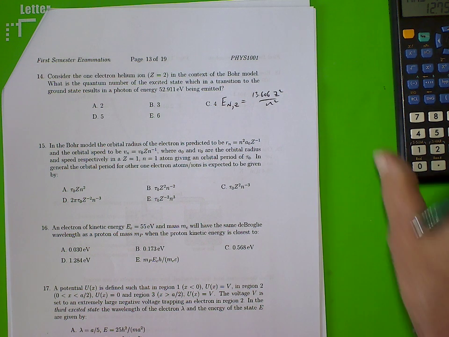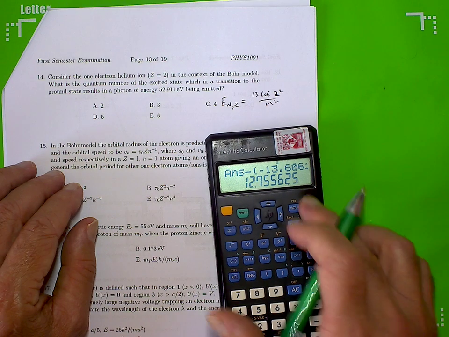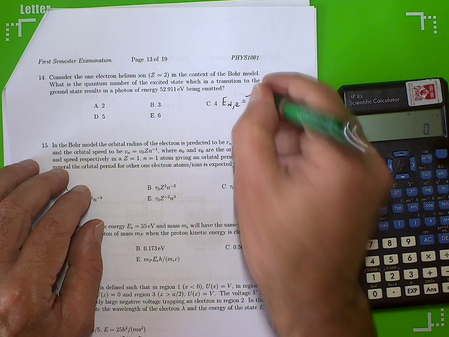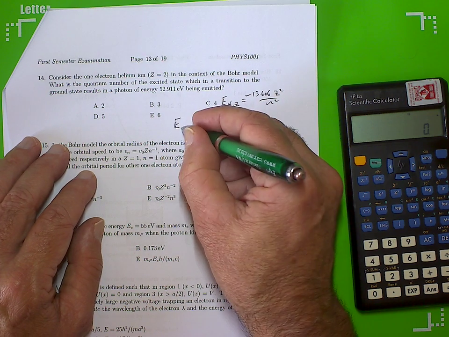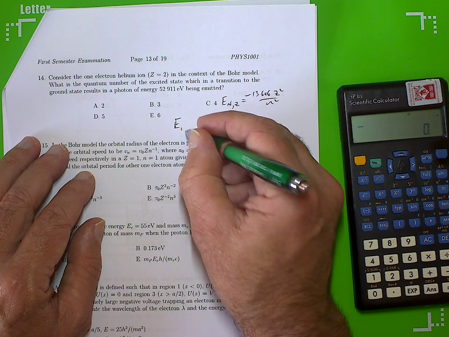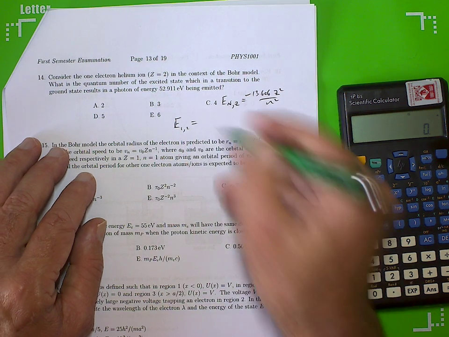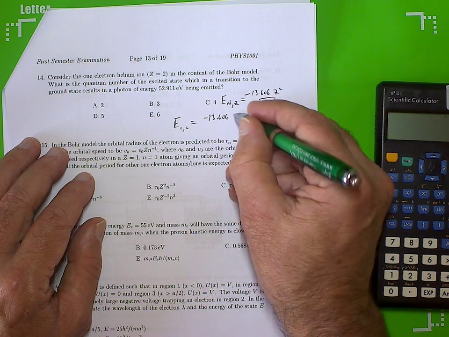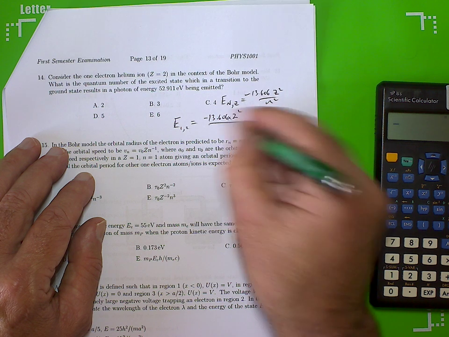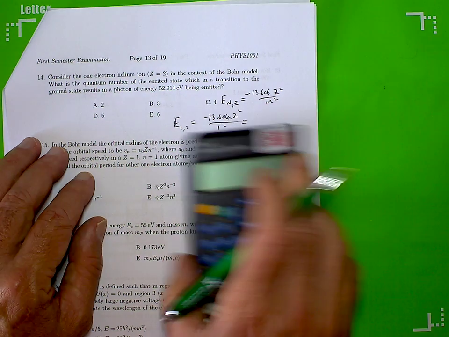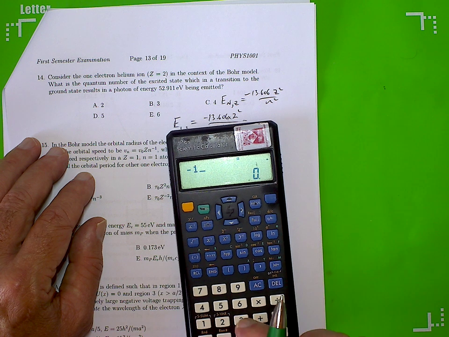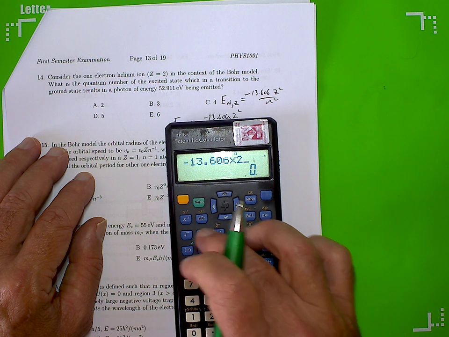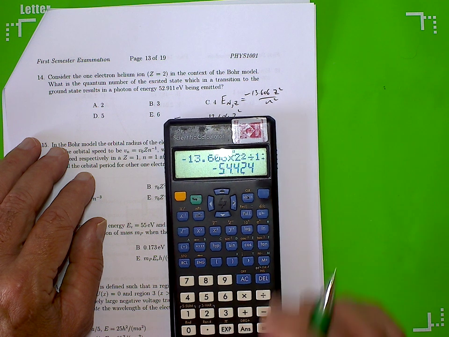Okay. So first thing to do is just find out what the energy of the ground state is. So the energy of 1, 2 is equal to minus 13.606 times 2 squared over 1 squared, equals, so minus 13.606 times 2 squared.